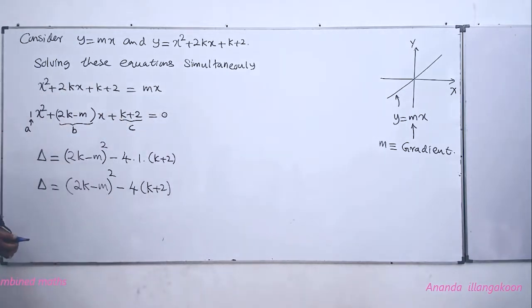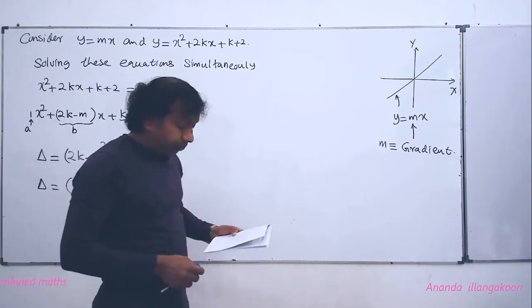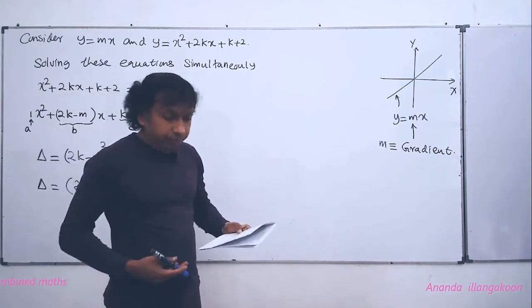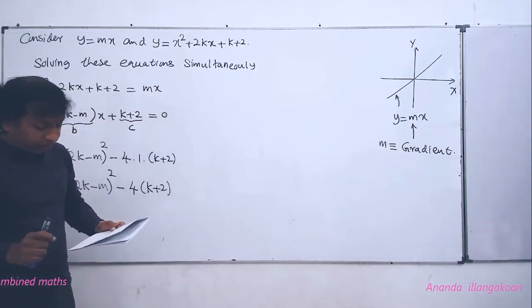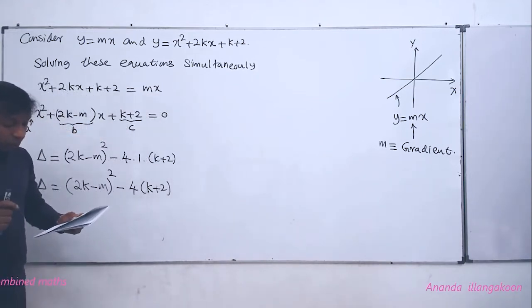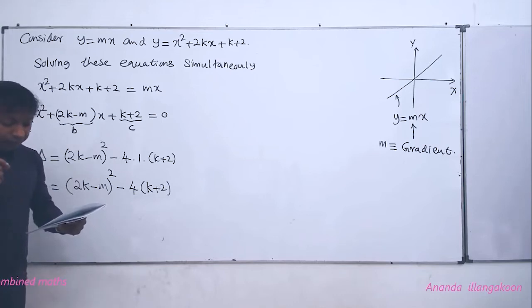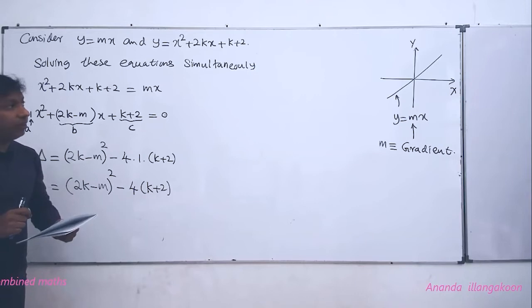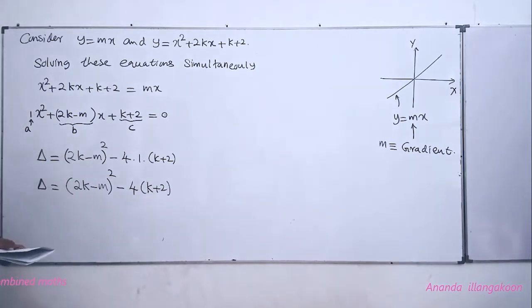Understood? Right. Now, people, again, once we come to this question: prove that the straight line y equals mx intersects the curve y equals f(x) in two real and distinct points for all real and finite values of m, if and only if k is less than -2. Then, people, we can write one statement like this.